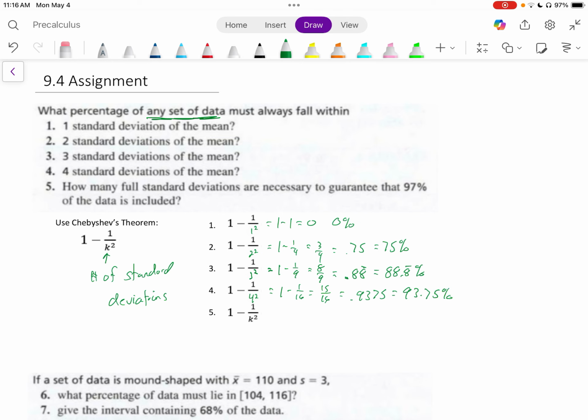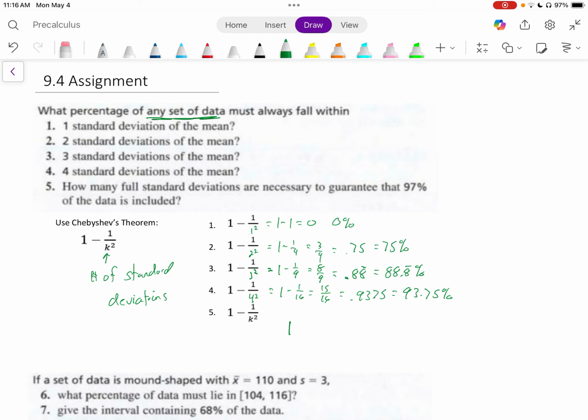Number 5 is a little different. How many full standard deviations are necessary to guarantee 97% of the data is included? Well, this is the same idea, except we want the percentage to be necessary to guarantee that 97%. So we want it to be greater than or equal to 97%.